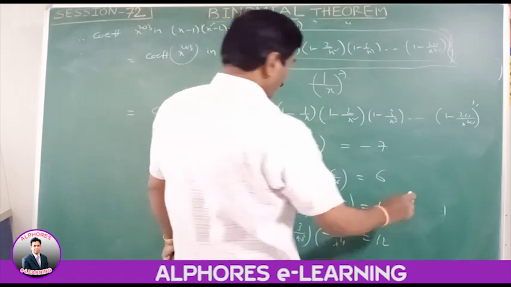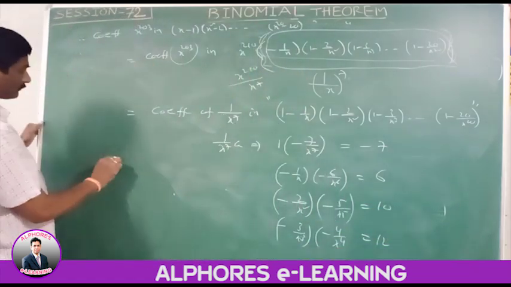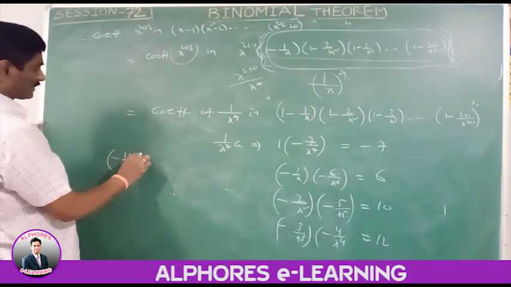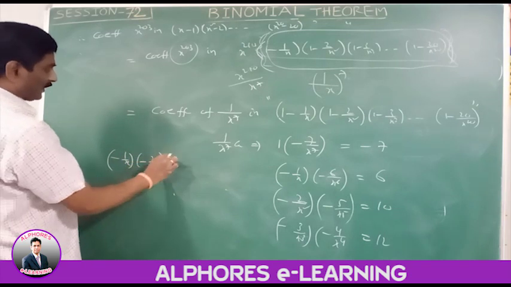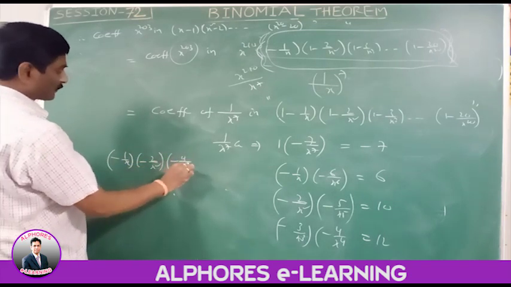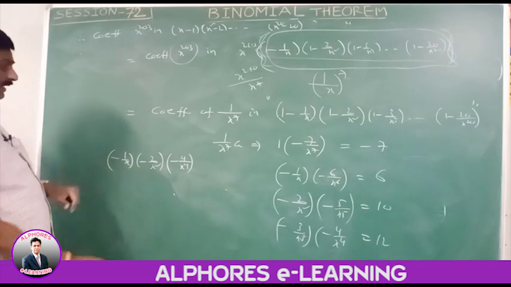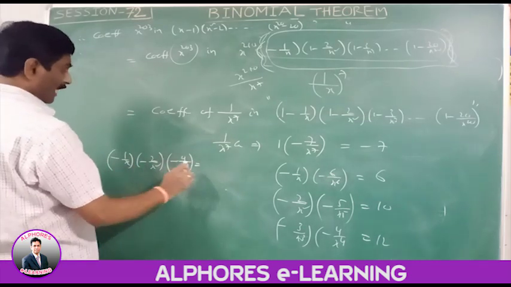Write that value also: -1/x, -2/x^2 into -4/x^4. In this case also we get 1/x^7, and the coefficient is -8.